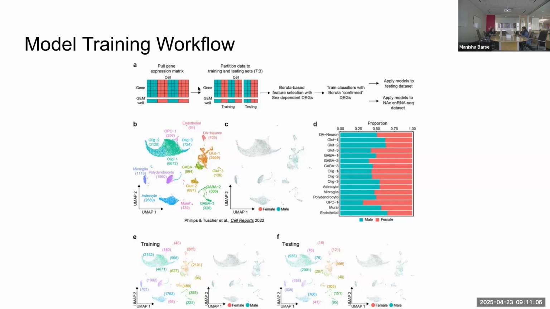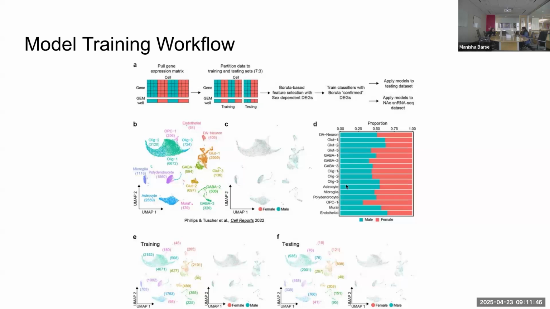In this VTA data set, where they have over 22,000 cells, panel B represents the UMAP for the 16 different cell types. Panel C shows the clusters colored by females, in red, and males, in blue. In panel D, they show the proportion of male and female cells across the 16 cell types.